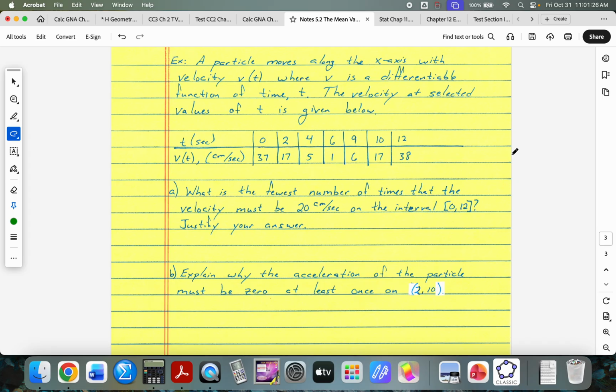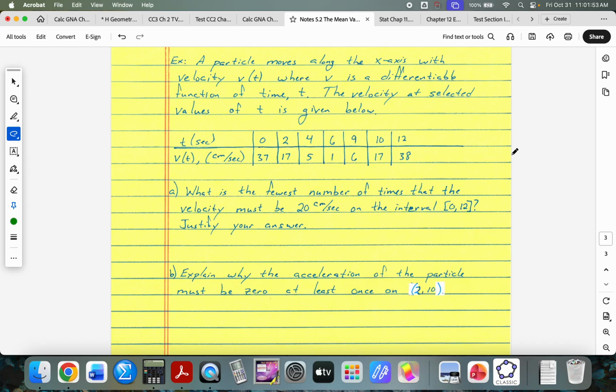Until we figure out how to teleport things into other places, velocity is continuous. And it says that velocity is differentiable. By the way, by saying that the velocity is differentiable, they're also telling us velocity is continuous, because differentiable functions are continuous.